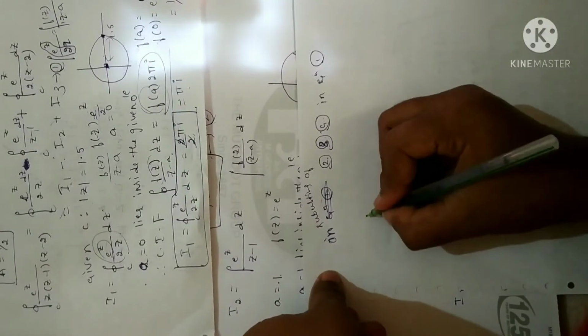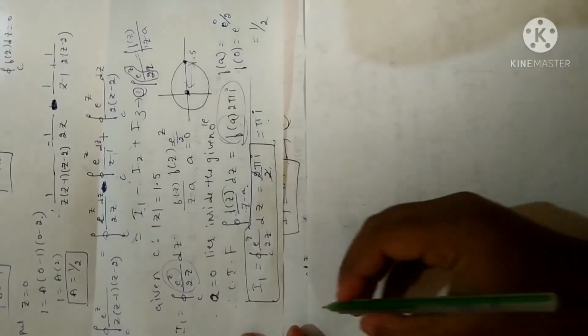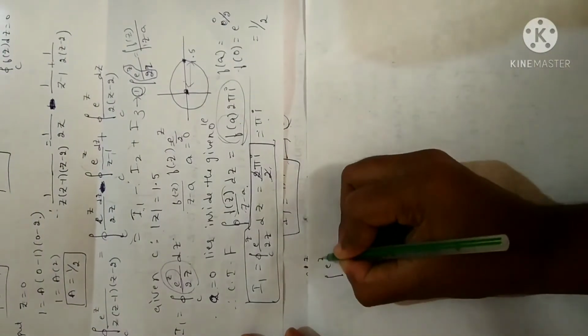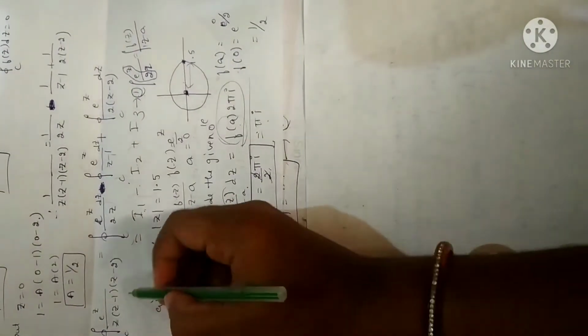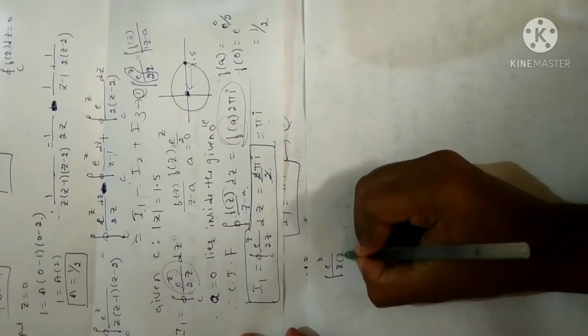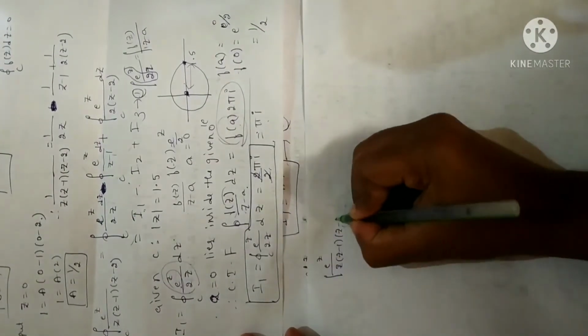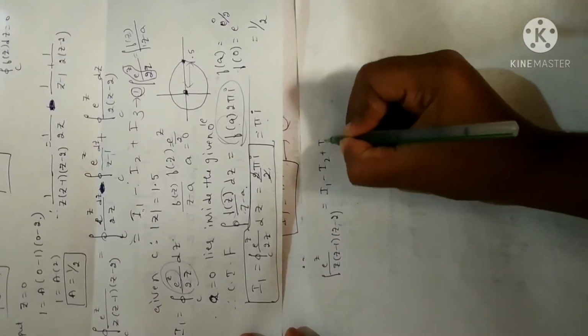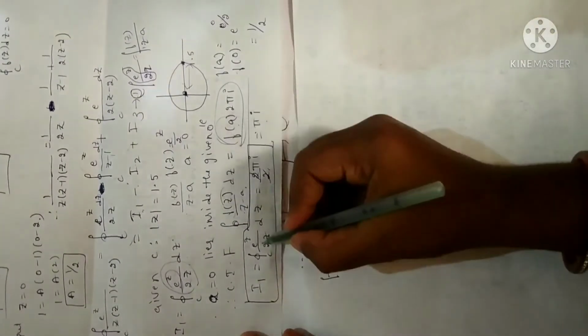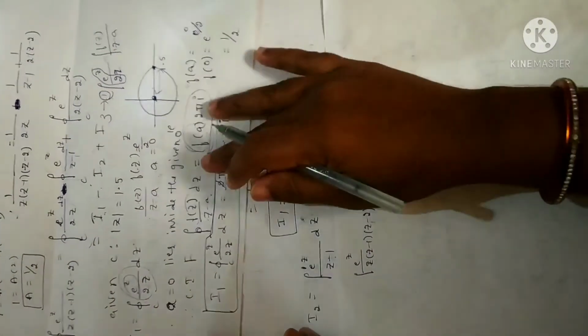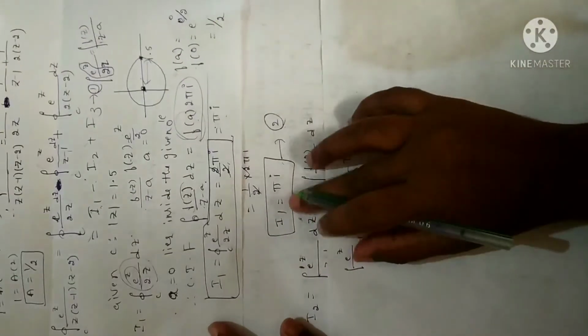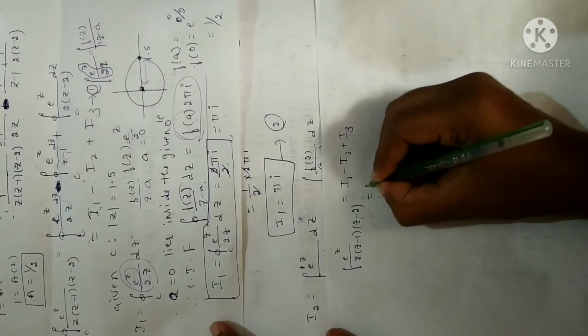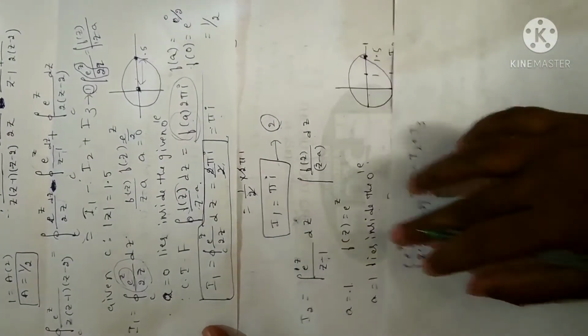So equation 1 I am going to write again. So equation 1 is e power of z divided by z into z minus 1 into z minus 2, which is equal to I1 minus I2 plus I3. Fine. Now I1 value, in equation 2, I have obtained it as pi I. So let me substitute pi I minus I2 value.